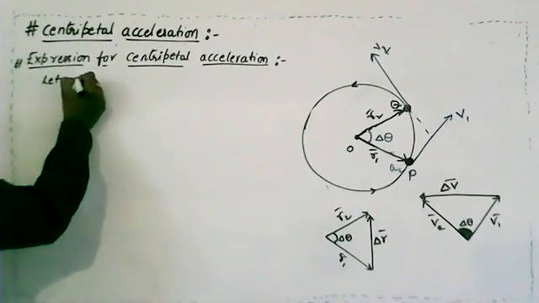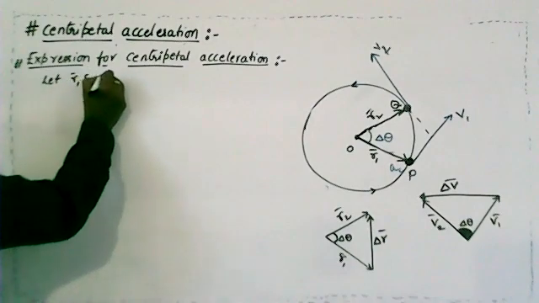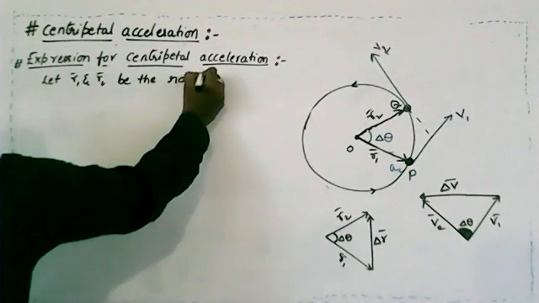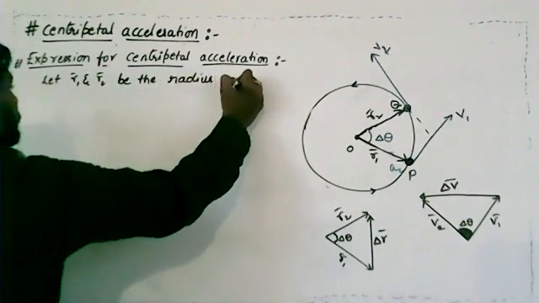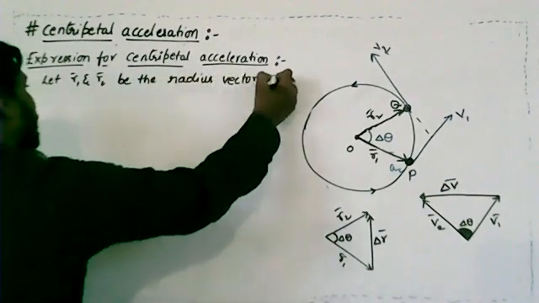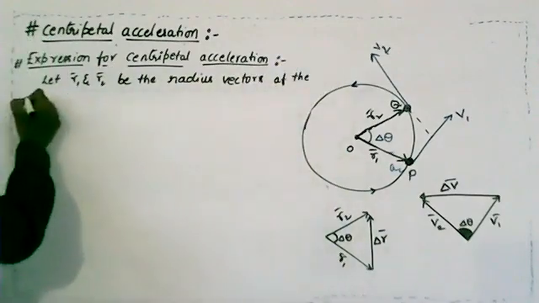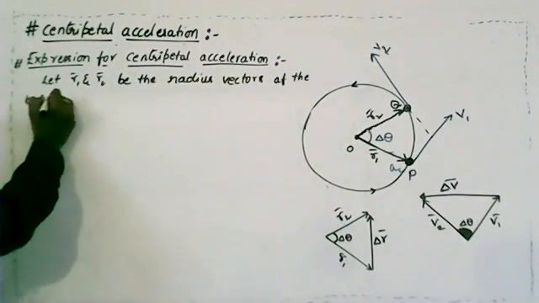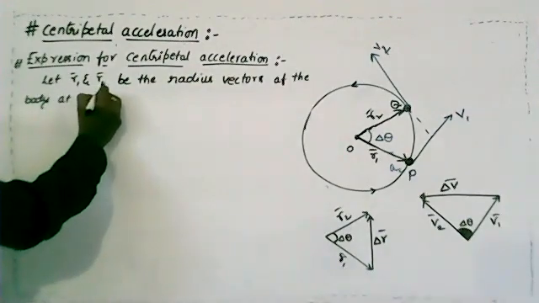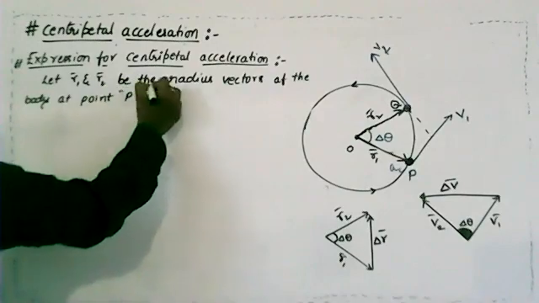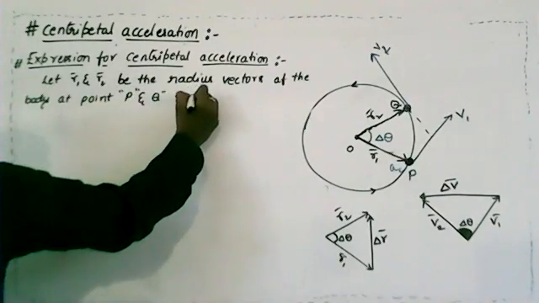Let r1 bar and r2 bar be the radius vectors or position vectors of the body at points P and Q respectively.